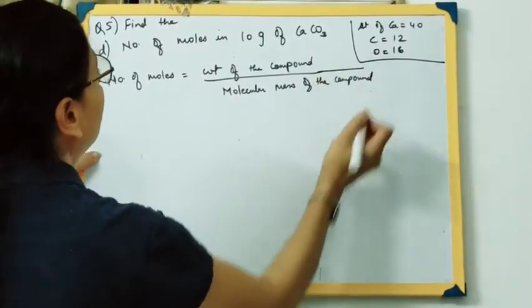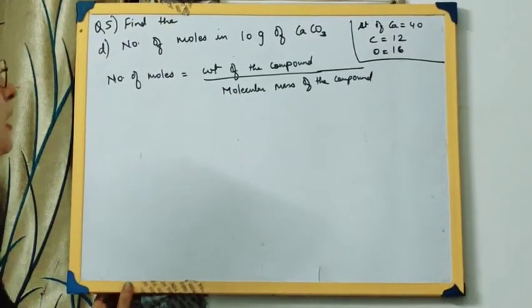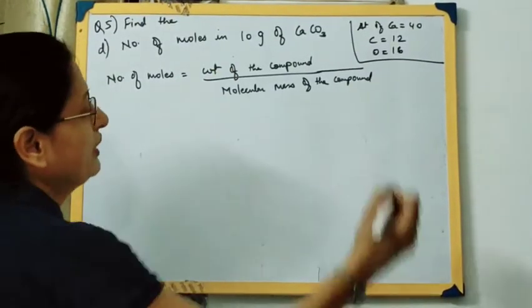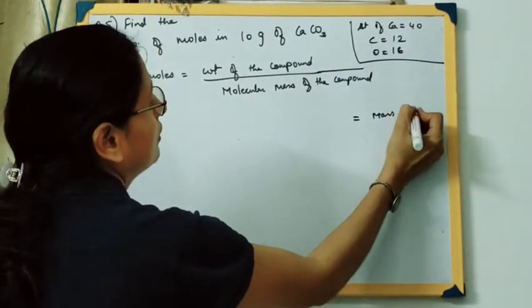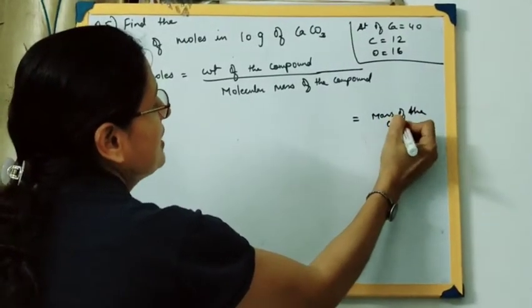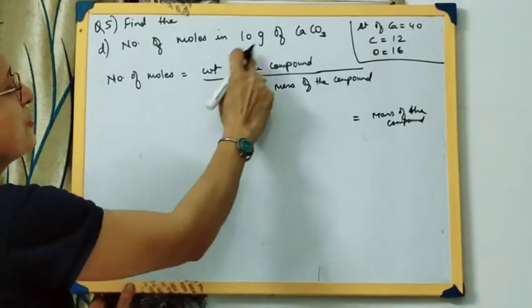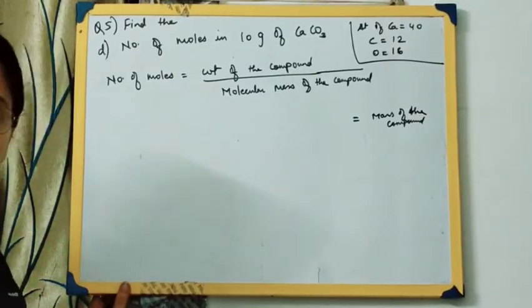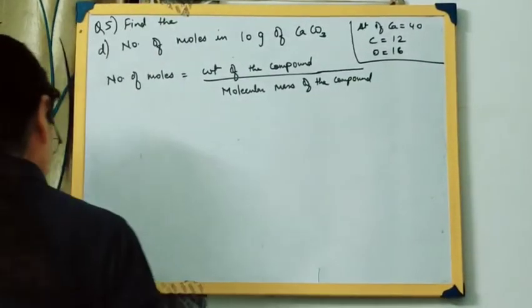The weight of the compound is the same as the mass of the compound. We can write the weight of the compound also as the mass of the compound. Both are the same. Whenever you come across moles, that is mass of the compound upon molecular mass, same thing. Don't get confused. Weight of the compound can be called the mass of the compound.